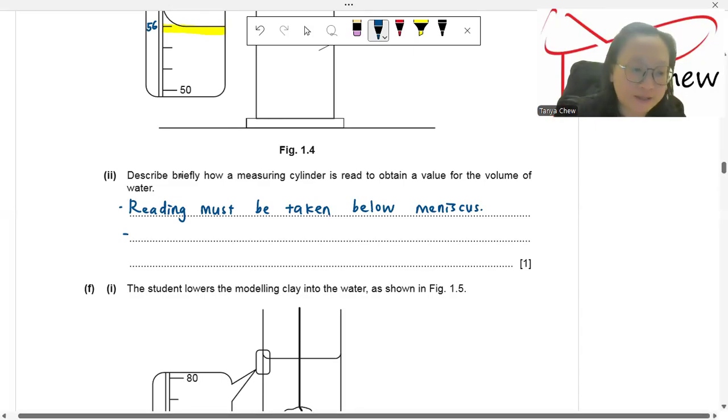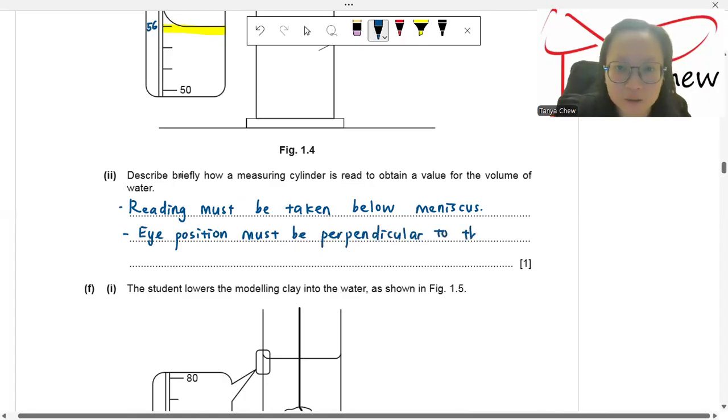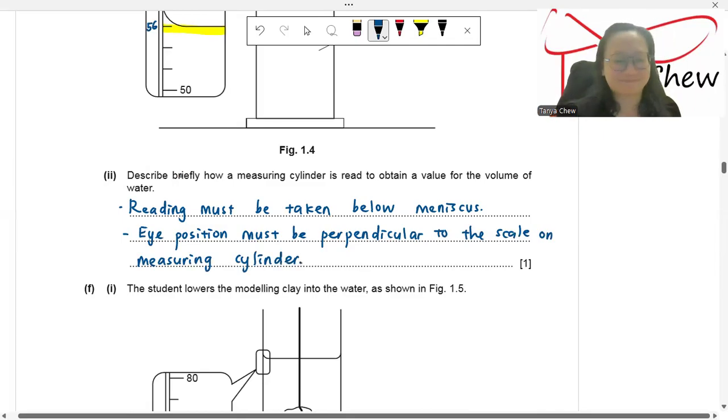Or you can say that the eye position must be perpendicular to the scale on measuring cylinder. Full stop. That's it.